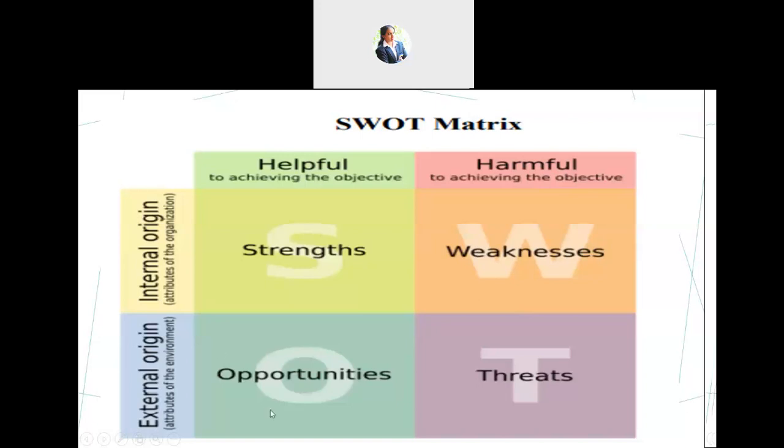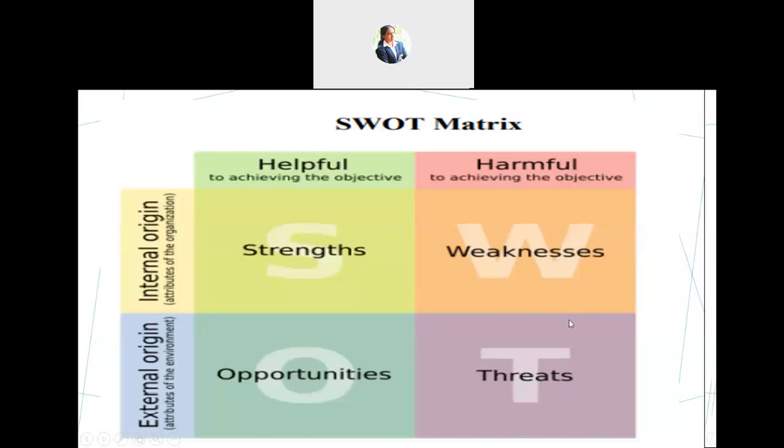Now, speaking of opportunities, the origin is external because it is an attribute of the environment rather than an attribute of the organization. But this component is always helpful for the organization to achieve the objectives as it gives more and more ways in which the business can succeed. Now, the last component is threats.